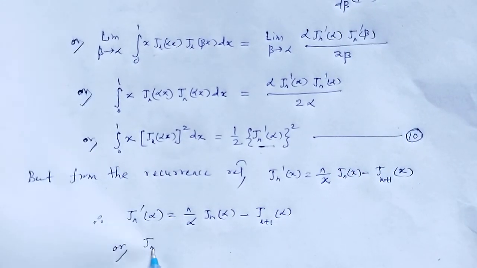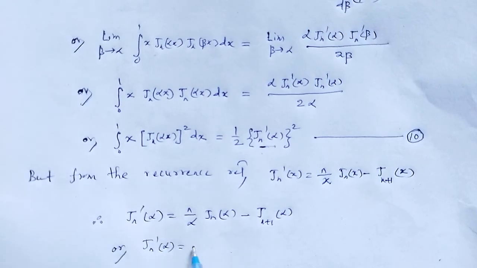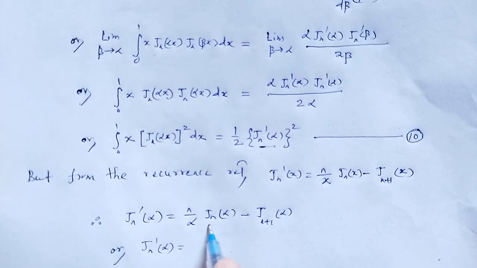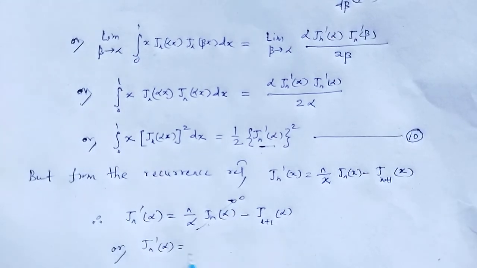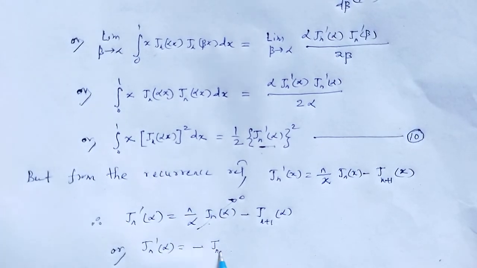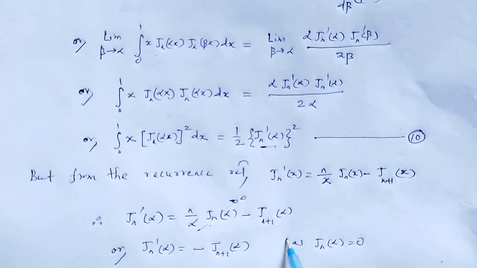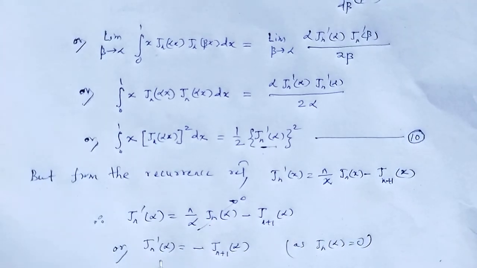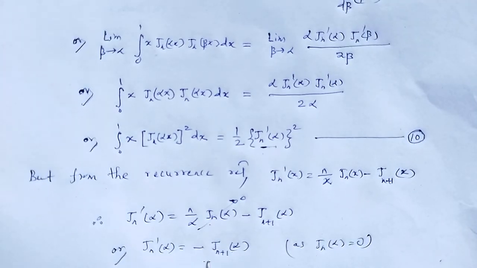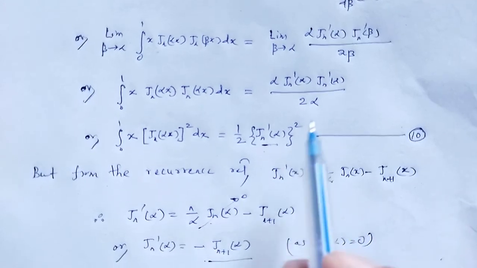Since Jn of alpha is equal to 0, this term will be 0, only minus Jn plus 1 alpha exists. That means Jn dash alpha is equal to minus Jn plus 1 alpha.